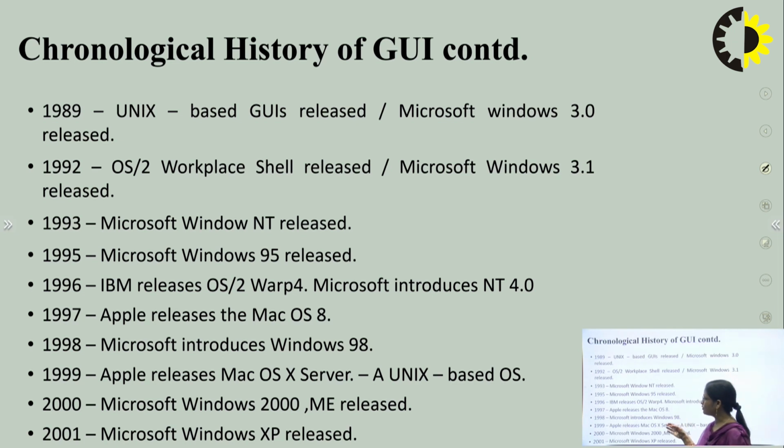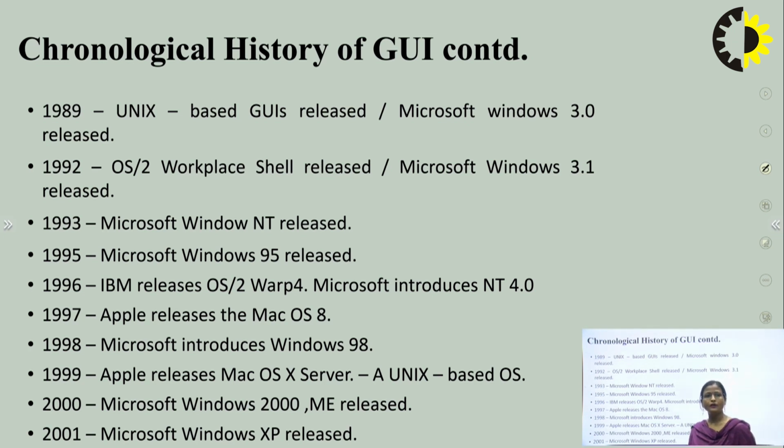Then in 1992, OS/2 Workplace Shell released, and Microsoft Windows 3.1 released. And in 1993, Microsoft Windows NT released. Then in 1995, Microsoft Windows 95 released. In 1996, IBM releases OS/2 Warp 4. Microsoft introduced NT 4.0. Then in 1997, Apple releases Mac OS 8.